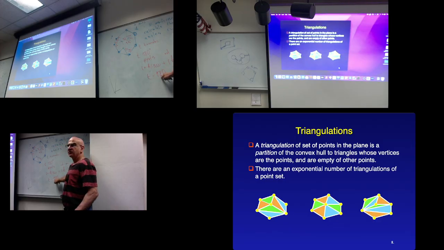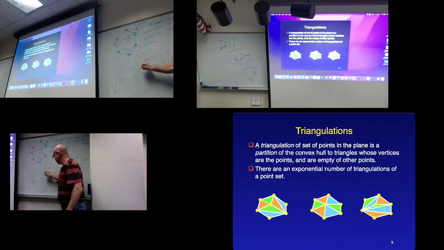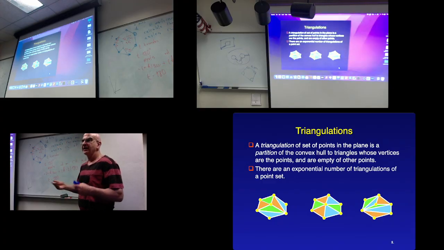But where did I get the t times 180? Because that assumes that I have t triangles, and each one contributed 180 degrees. Just counting all these angles in two different ways. The sum of all angles shouldn't change between these two ways.